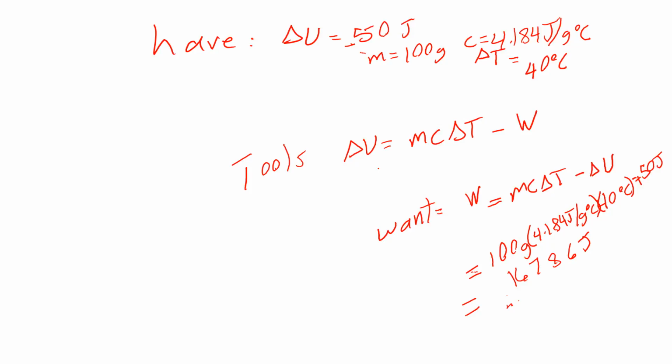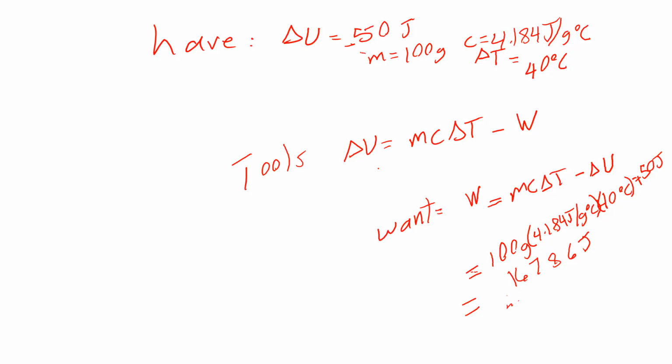Actually, what you would need to do is over here, you would have had 16,736. If you rounded that to one significant figure, you would have 20,000. And then when you add 50, you would have 20,050. So either way you presented it would be fine.